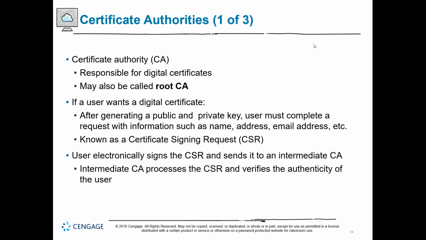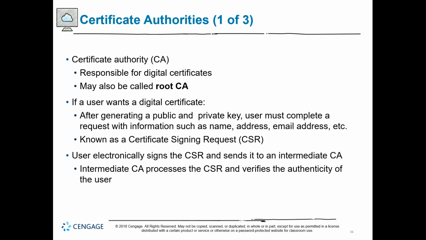Individuals don't deal with certificate authorities. We deal with regional or intermediary certificate authorities. They will take our requests and they will process. They can act on behalf of a certificate authority. Think of it as a giant hierarchy, essentially. We deal with the guy 3 or 4 levels down.